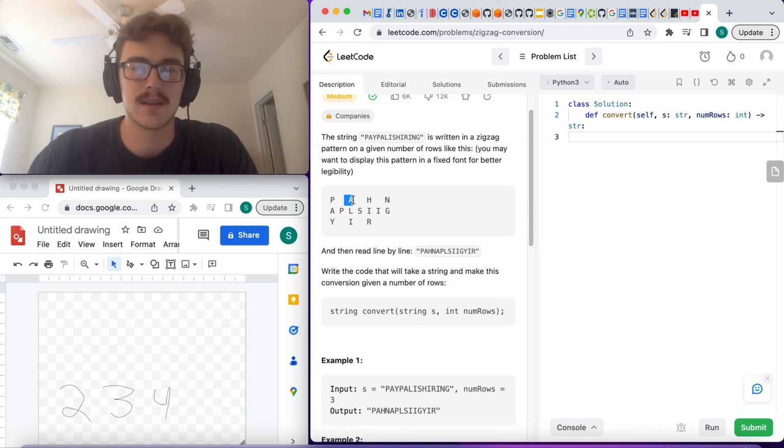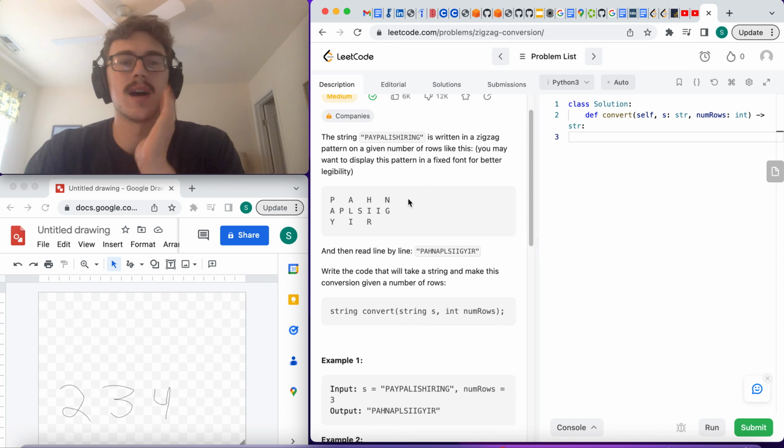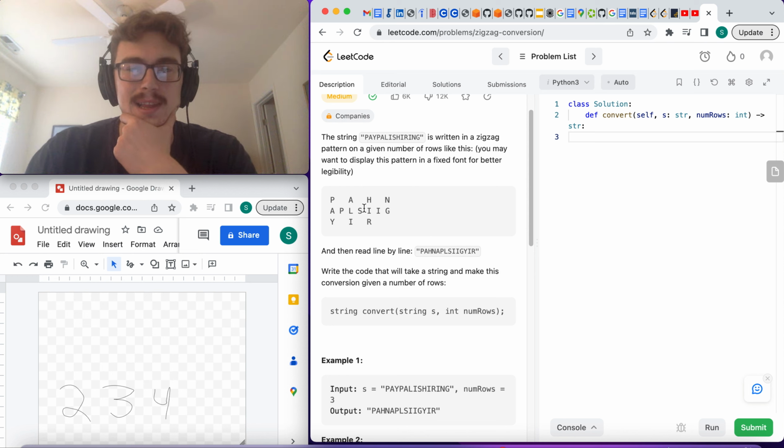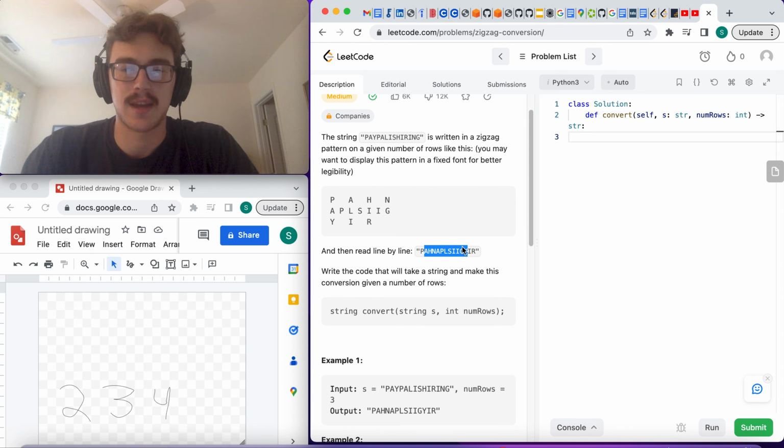Hit the A, then we're going to go back down, L, I, S, back up. So you can see it's kind of a zigzag. And then if you read that back line by line, we get PAHNAPLSIIGYIR. So that's what we are returning.